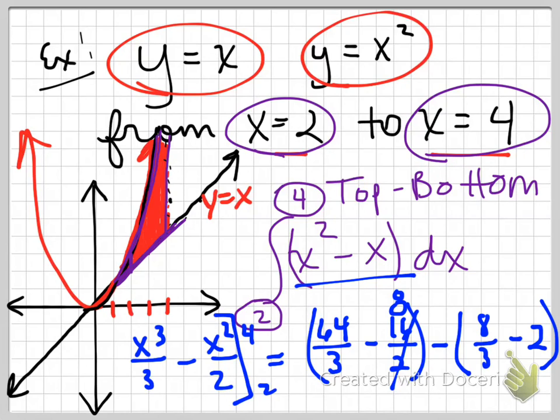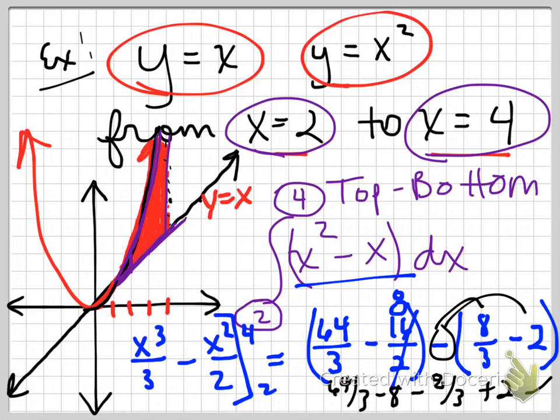So I'm going to have 64 over 3 minus 8 over 3 plus 2, because you have to distribute that negative. So that's going to give me 56 over 3 minus 6.